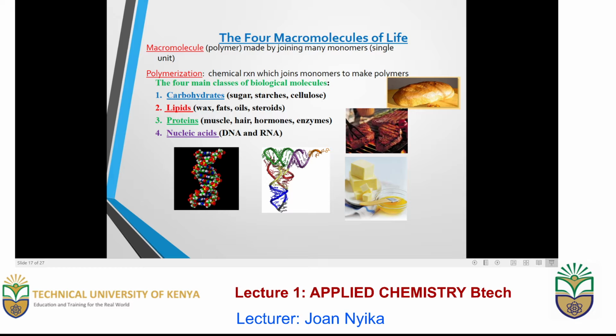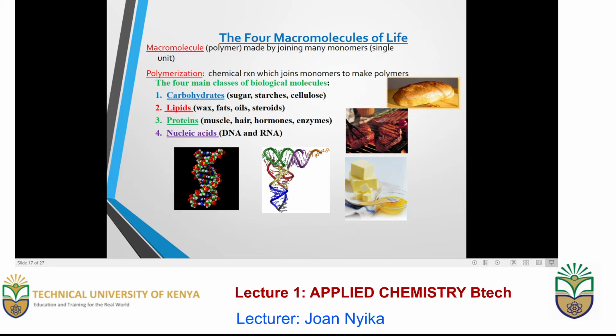These usually exist as polymers, that is, they are long chains of various carbon bonds with other elements including hydrogen and oxygen. Carbohydrates exist as sugars, starches, or cellulose, and we will see these and their various importances. Lipids exist as fats, oils, steroids, and wax.